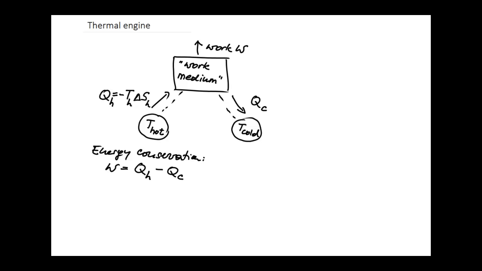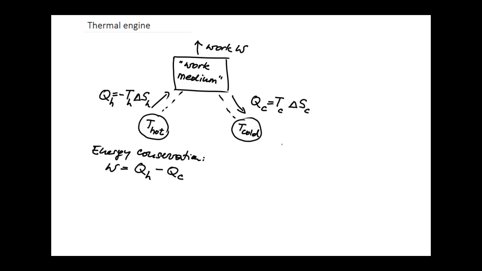And likewise for the cold reservoir, the heat flowing towards the cold reservoir increases its internal energy by QC. And this corresponds to an entropy increase of the cold reservoir, delta S cold, and the relationship is by a factor T cold.